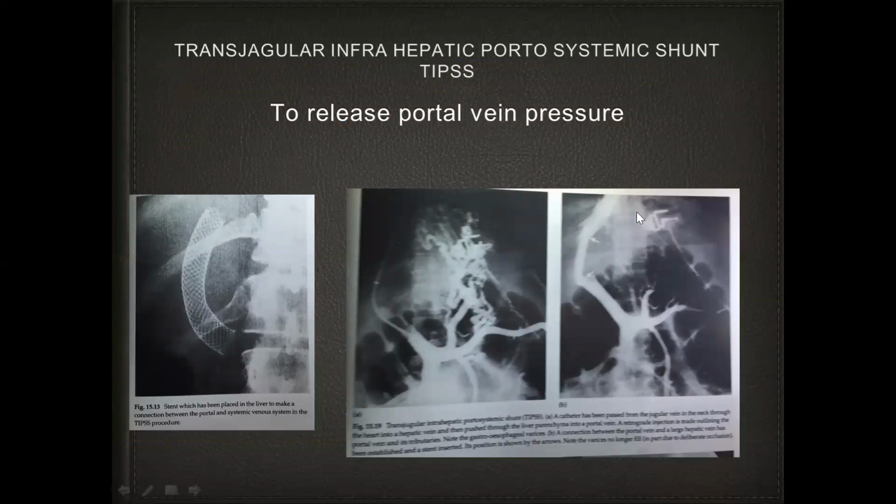This is the case of TIPS. This is the portal vein. This splenic and mesenteric veins become the portal. This is the inferior vena cava. So what we do is go through the inferior vena cava, penetrate the liver to the portal vein, making a channel, dilate the channel, and put a stent.